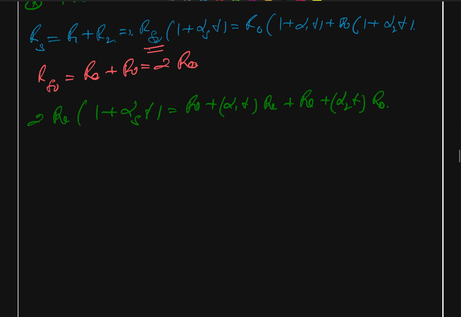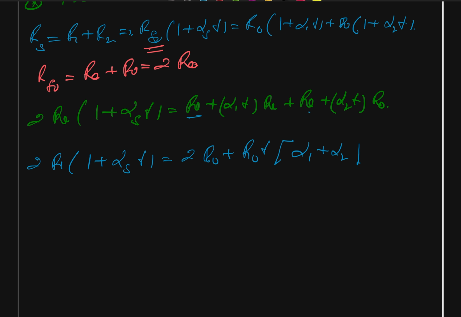This R naught and R naught we can take as twice R naught, so we get twice R naught plus, taking R naught T common from the other terms, R naught T times (alpha 1 plus alpha 2).